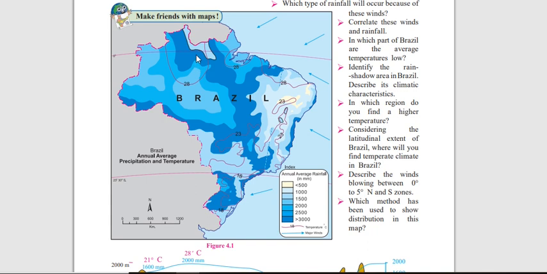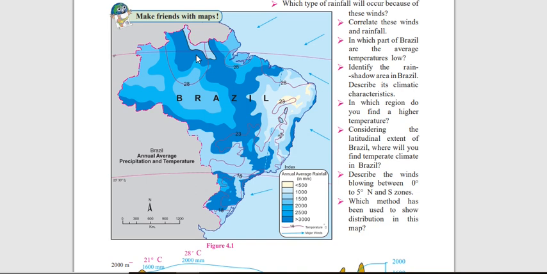The latitudinal extent of Brazil is from 5 degrees 15 minutes north latitude to 33 degrees 45 minutes south latitude. Due to its vast latitudinal extent, Brazil experiences a wide range of variation in climate.